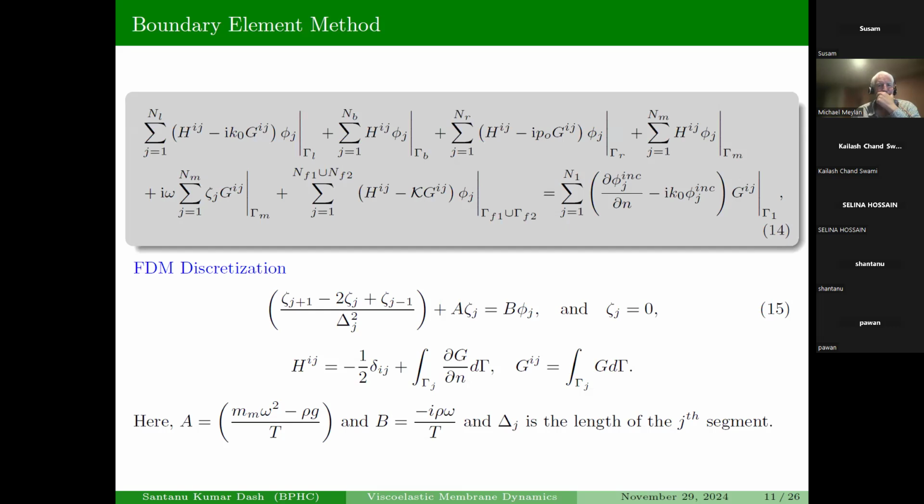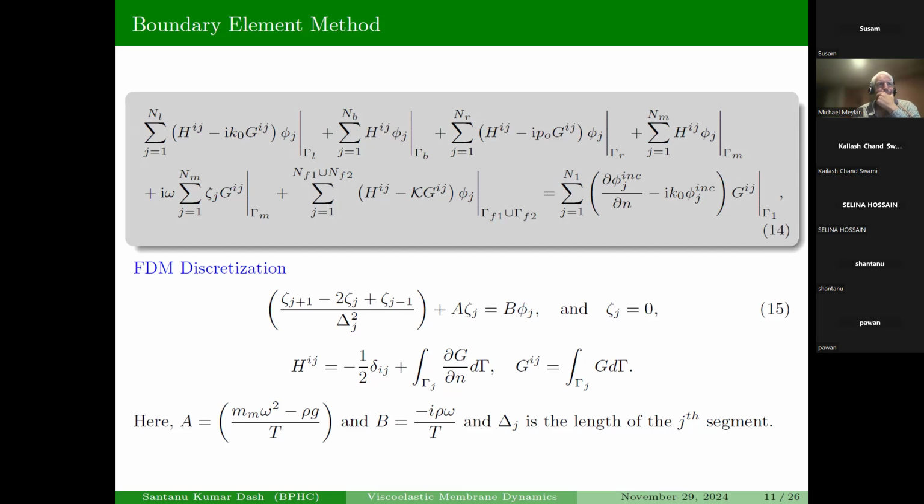It depends on how many elements we have discretized. Based on that, the matrix is formed and it can be solved. The advantage of incorporating the finite difference method is that we can discretize the membrane boundary condition as given in equation 15. And Hij and Gij are known as the influence coefficients, which are basically the integration of the fundamental solutions.